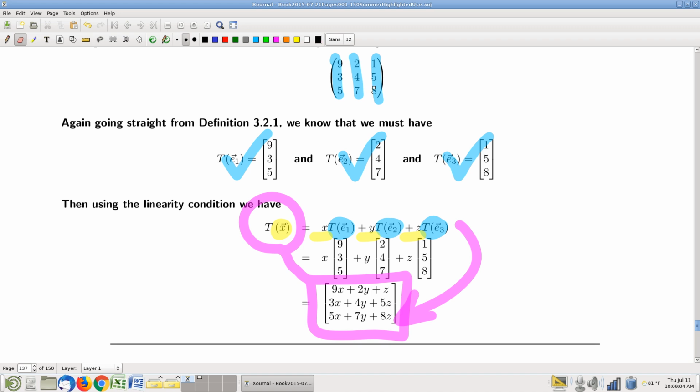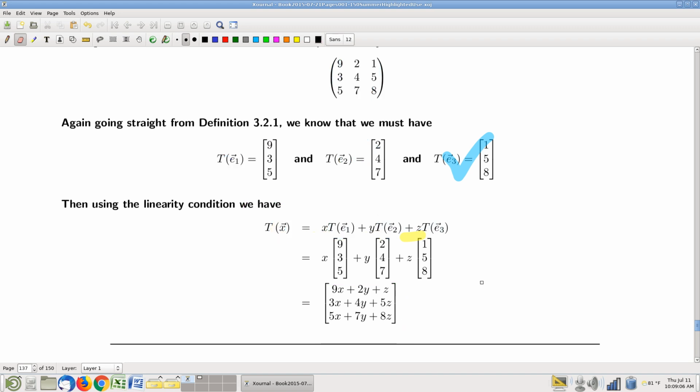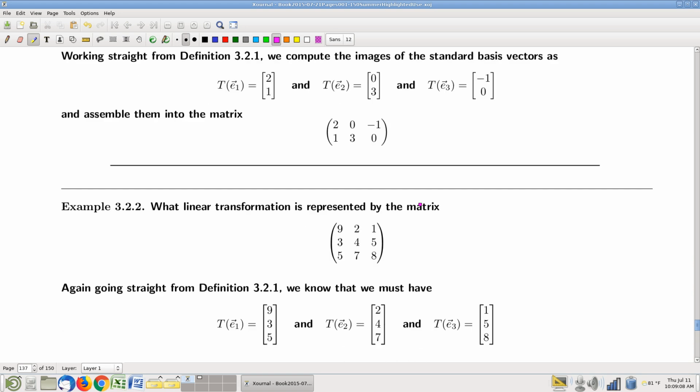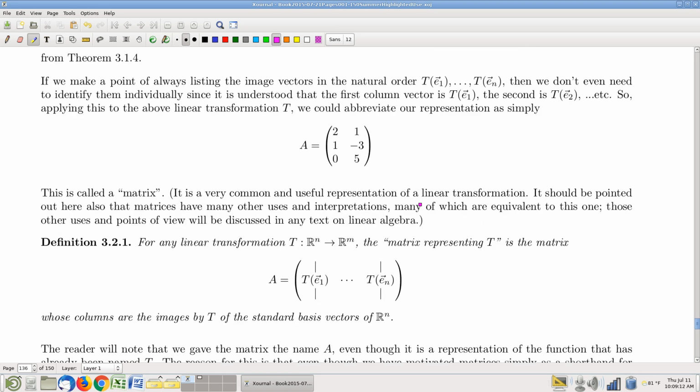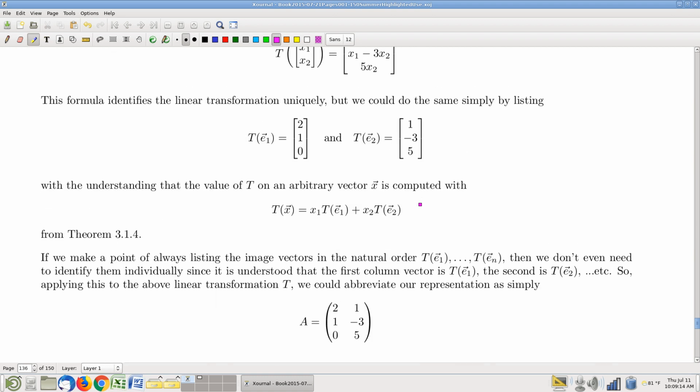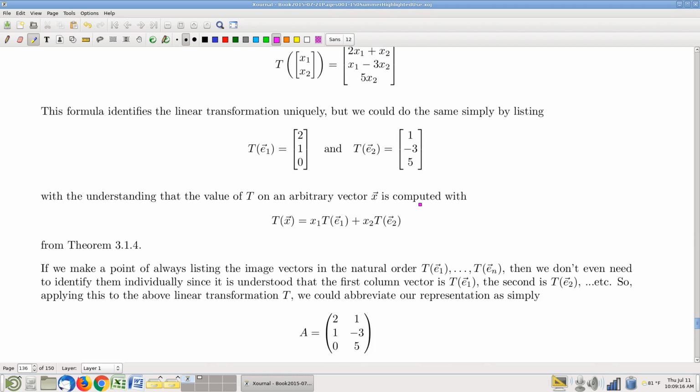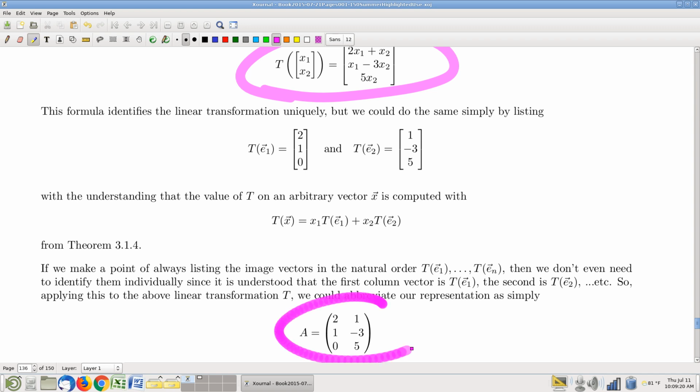Okay. With this point of view, I claim we're going to be able to answer a lot of questions. We've got this idea of linear transformations, and matrices are just their shorthands. Now I'm going to start considering questions that those of you who have seen some matrix algebra before have seen.